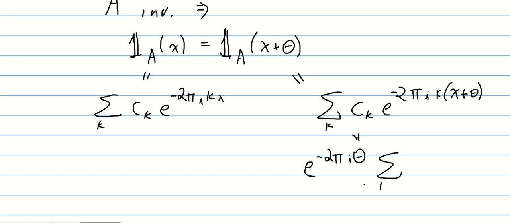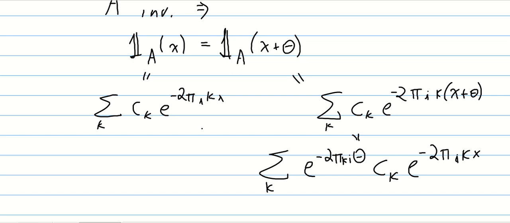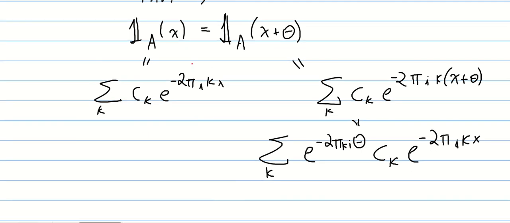I'm not even going to put it out of the sum, I'm going to write it like this, it's more convenient. c_k, sorry, there's a k missing here, and now e to the minus 2 pi i kx, which is exactly what we had before. So what I'm saying is that this sum here is equal to this sum here, and these two sums are Fourier decompositions of the same function.